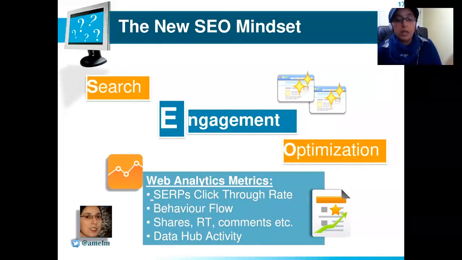It means that if people are on the search engines, searching for a keyword, they see your results. So they see the headline, the title of your page, they see the description. Now, if they click, that's a click-through rate. So it means that your title and your description are relevant to whatever they were looking for. It means that they're going to engage with that small snippet of content.